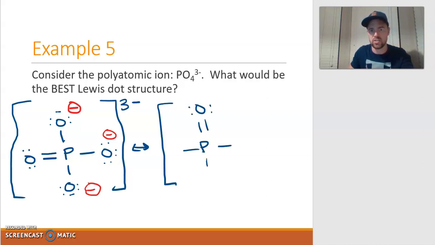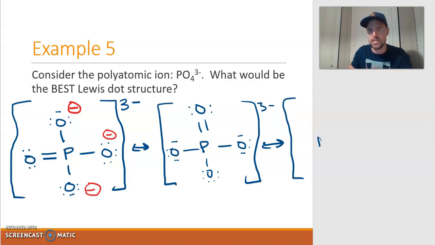I'm just going to change the order of where the double bond is. Make sure that you have the right number of lone pairs of electrons on each drawing that you have. I'm going to go back and fill in formal charges in just a moment. But as I draw each resonance, I just change the position of the double bond.